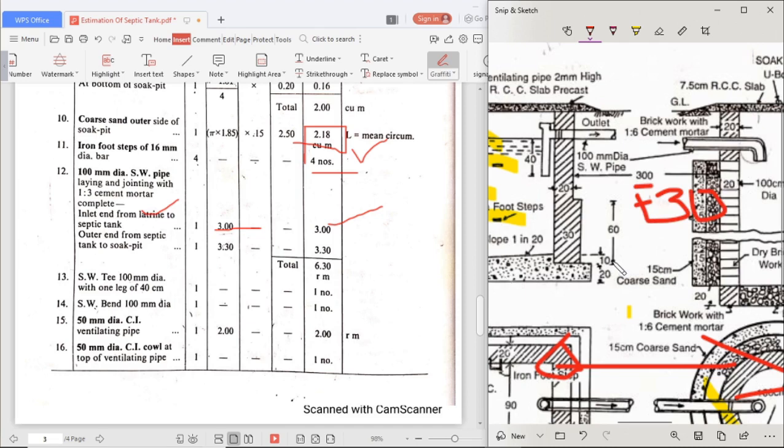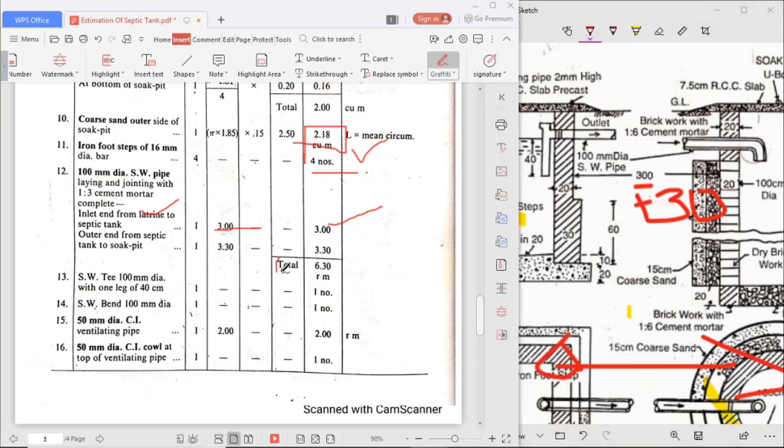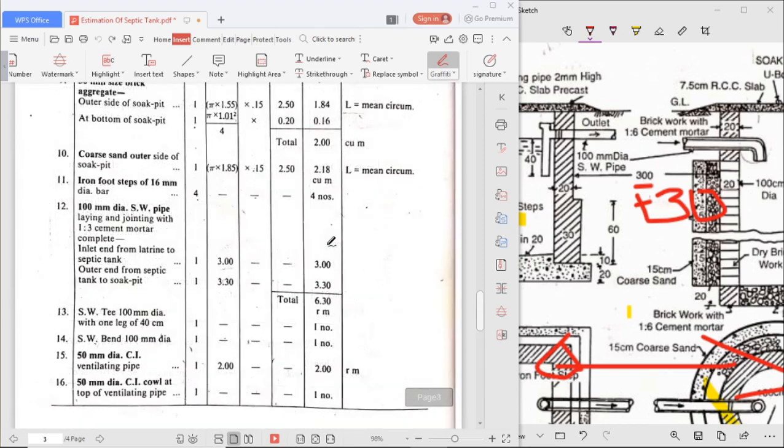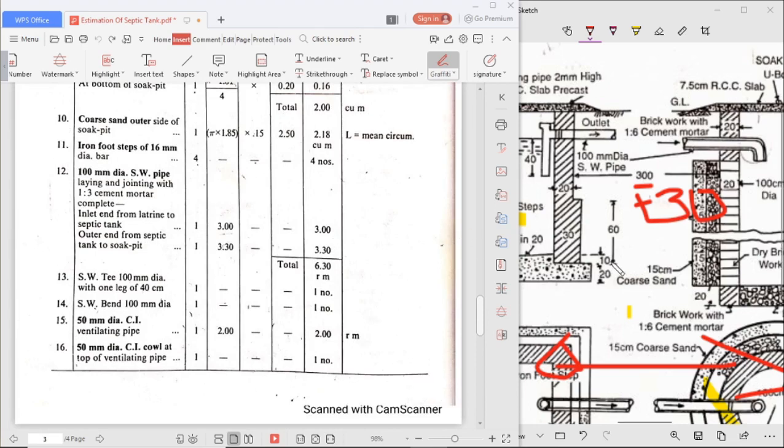This 30 centimeter is for the insertion. Okay, so now what we will get the quantity, 3 meter plus 3.30 meter, so total is 6.30 running meter, as it is a pipe. Unit is very important. Okay, running meter.